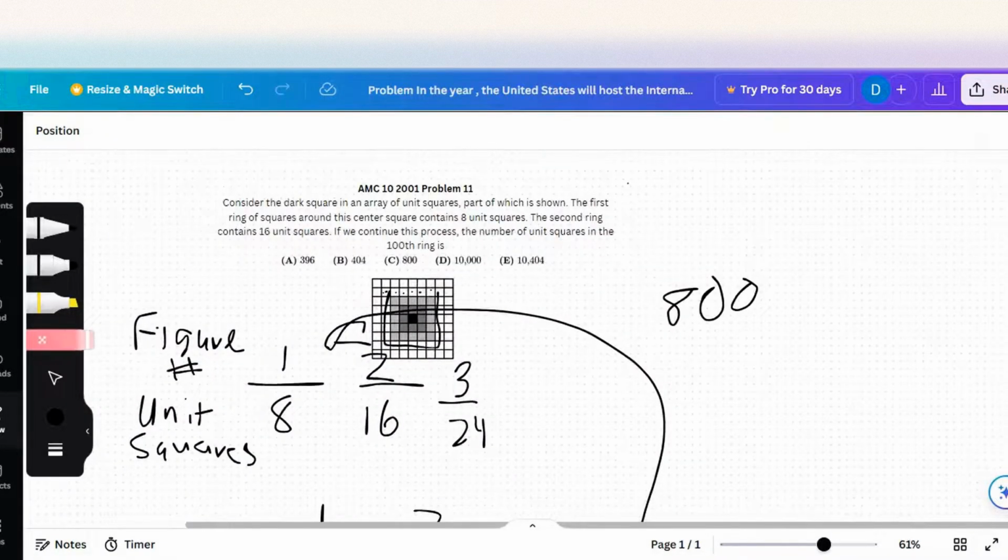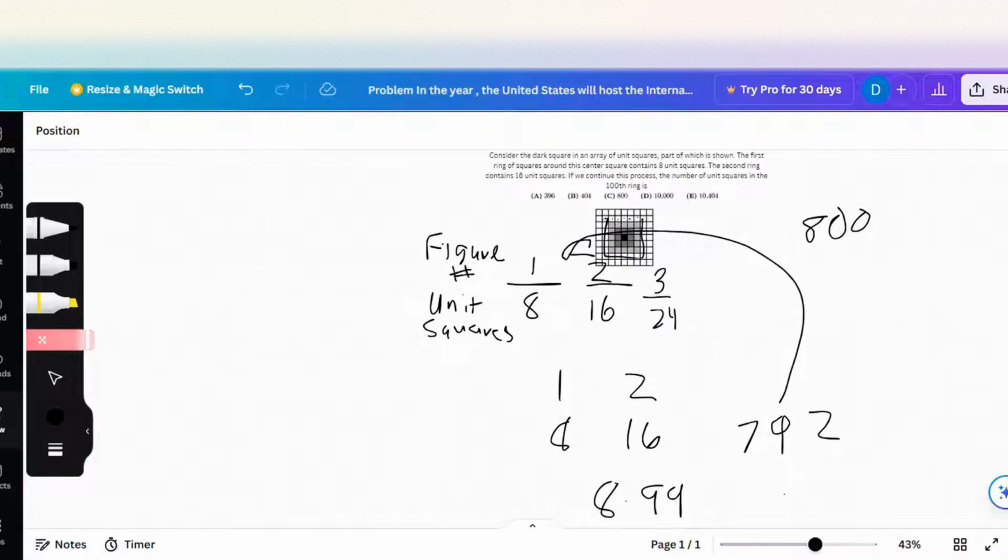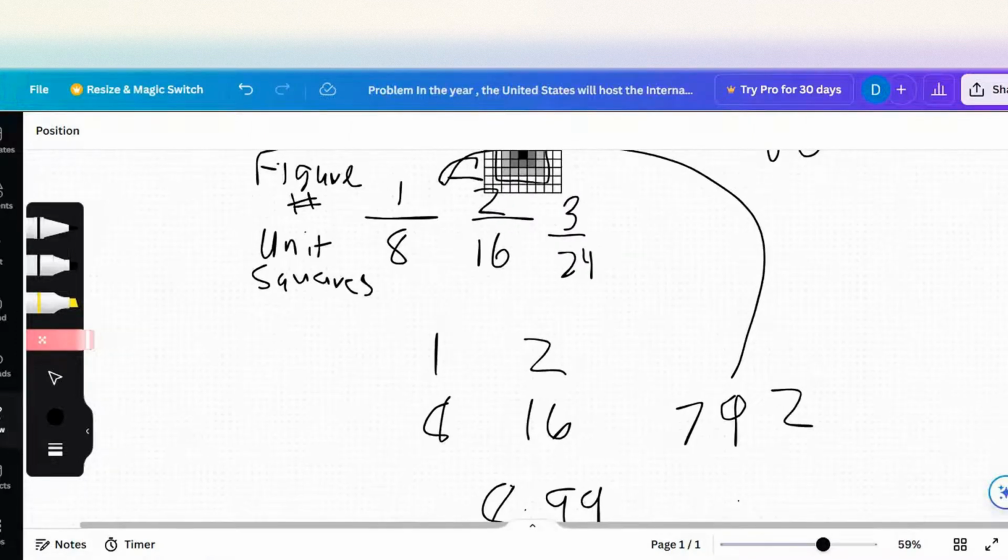So that's the first solution, just finding the arithmetic adding sequence. We just see the pattern, and it's pretty easy to find.